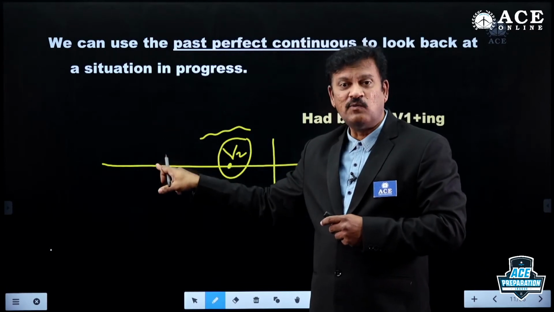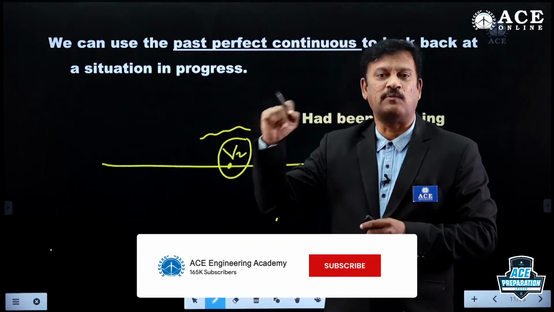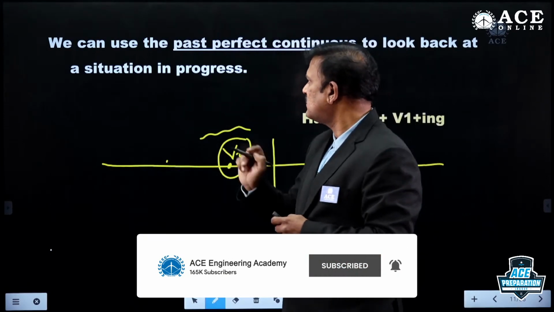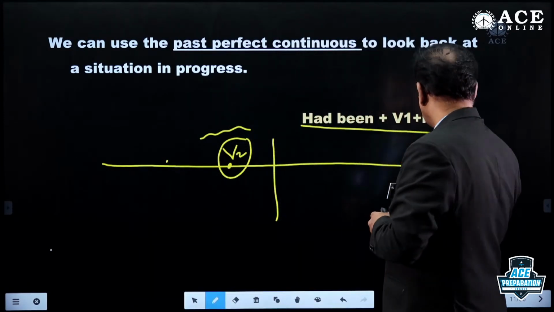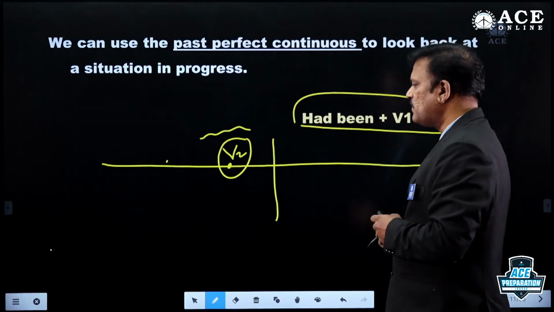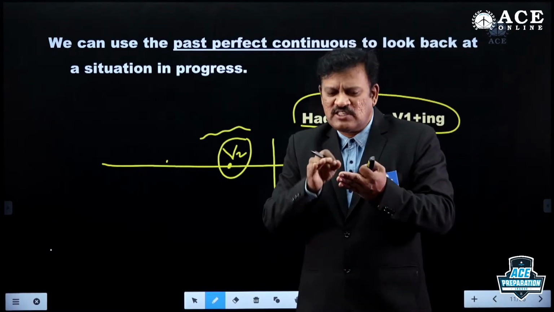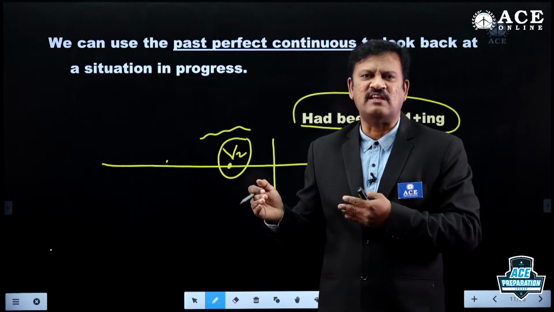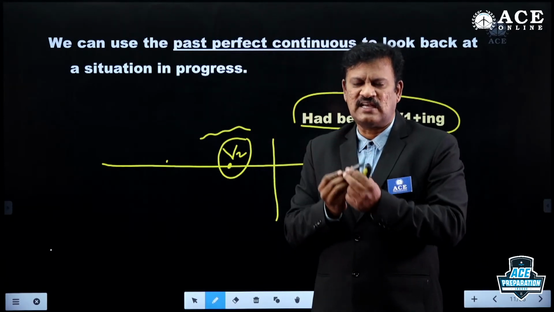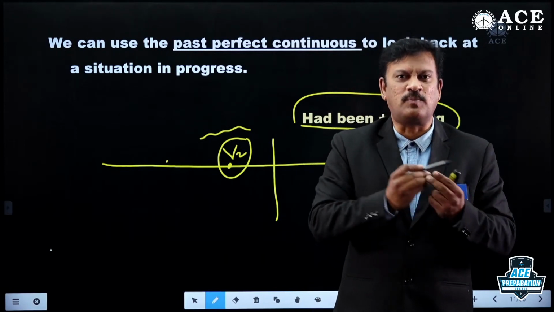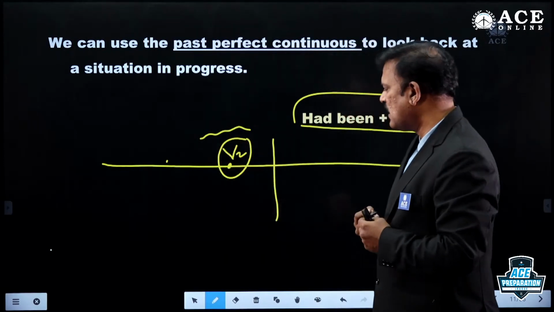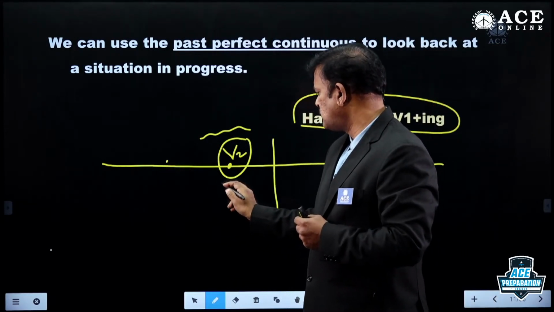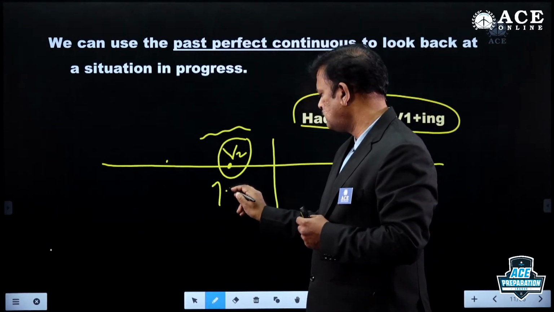He had done the work before I went there. So, another action. Now, there is this expression, had been plus V1 plus ing form. Whenever I have this been plus ing form, has been ing, have been ing, had been ing, immediately you understand some action is going on, the progress of that particular action. Let us say this is 7 o'clock.